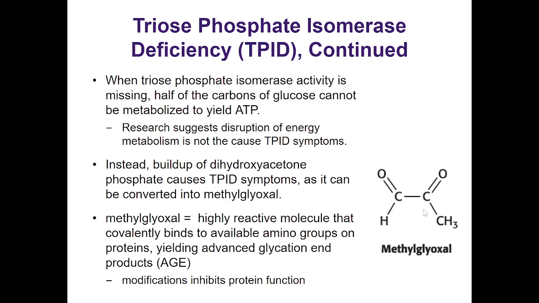This will yield advanced glycation end products, or AGE. The modification is going to inhibit protein function, and obviously then you're going to have difficulty making any proteins, including the proteins you would need to grow big and strong and survive your childhood.